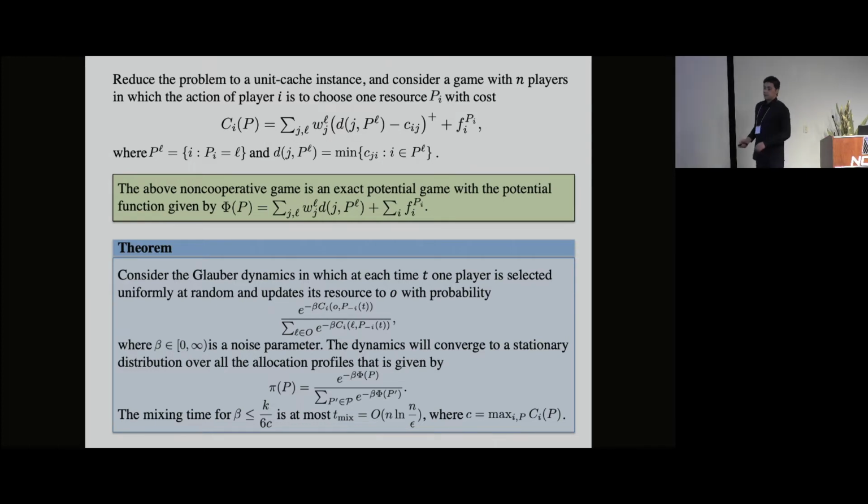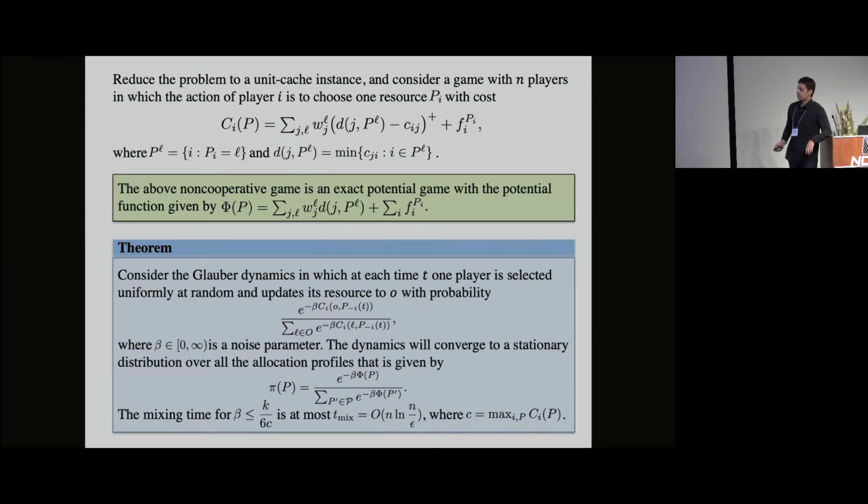But of course, the price we have to pay here is the mixing time of these Glauber dynamics. So the higher beta we choose, the longer it takes for these dynamics to mix to the stationary distribution. But still, for reasonably large values of beta, we can show that the dynamics are going to achieve a very good mixing time.